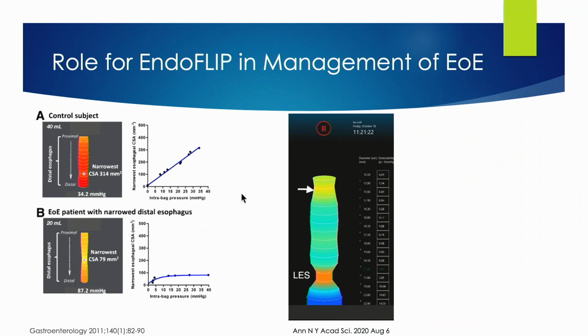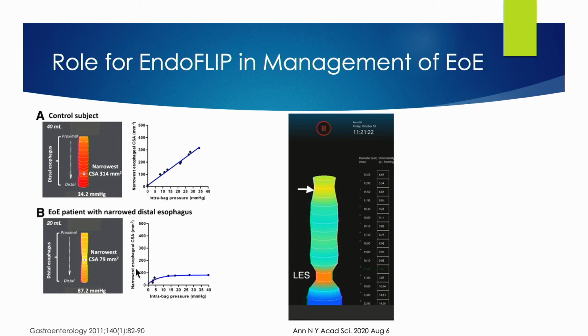and it could help us identify subtle strictures. In a normal person where the distensibility of the wall is normal, increasing the volume in the catheter results in increase in cross-sectional area that's proportional to the pressure in the bag. However, in EOE, where the lumen is narrow and stiff, as we increase the volume, the intra-bag pressure increases, but the cross-sectional area plateaus.